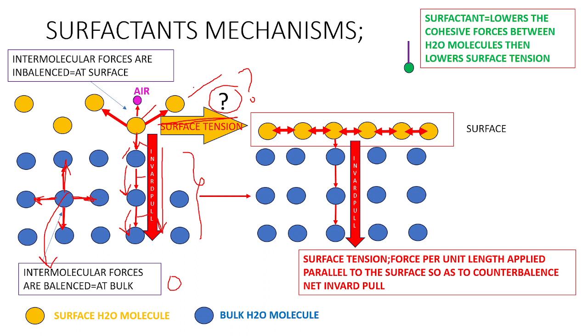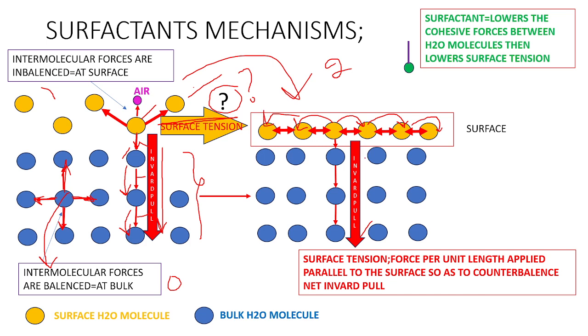Next, in this phase, initially the water molecules are arranged in a random fashion. In the second, the surface water molecules are arranged in a linear fashion, exactly like our skin. To counterbalance this inward pull, a surface water molecule is pulled by the adjacent surface water molecule, and that in turn by the next, and so on.